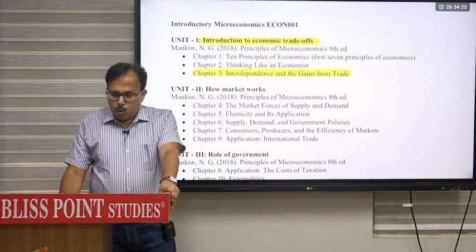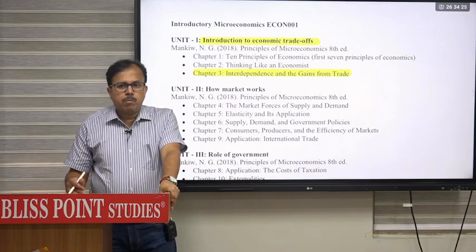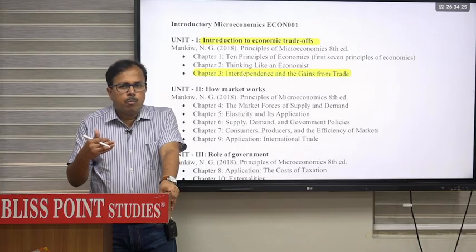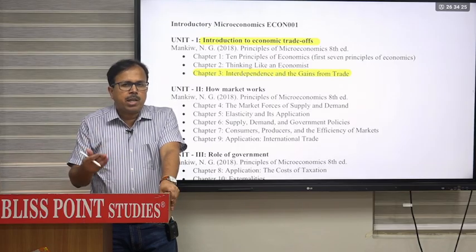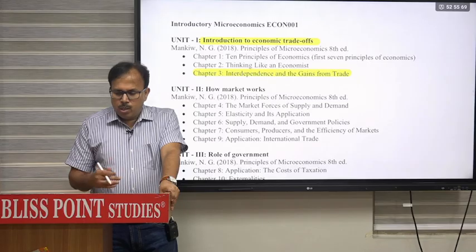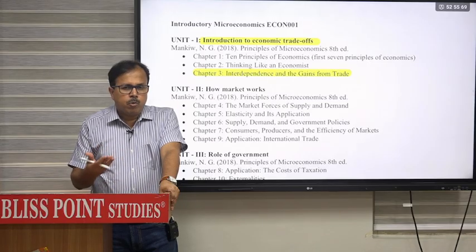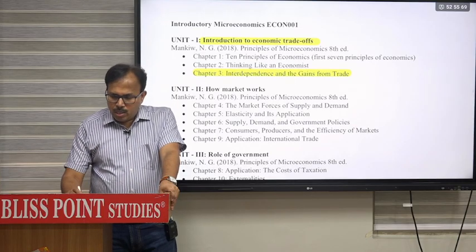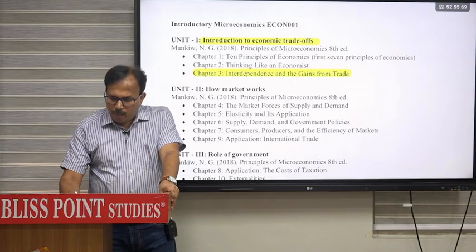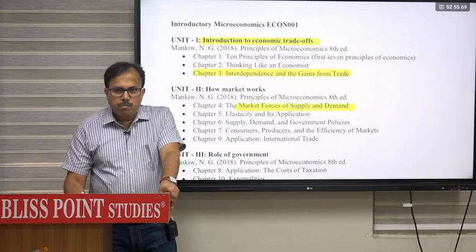Then unit number 2 is how markets work. So we are basically introducing you to how a competitive market works. A competitive market works through market forces, and market forces are demand and supply forces. So you can see chapter number 4 is market forces of supply and demand.